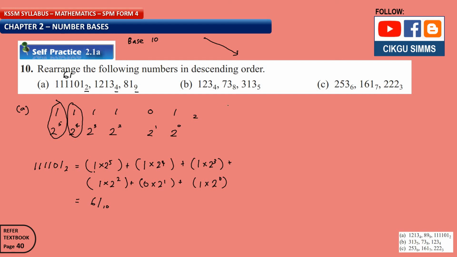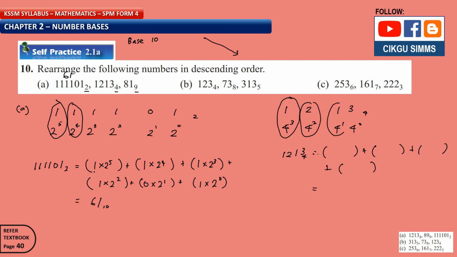And then you calculate the second one, the number value 1213 base 4. Okay, so the place value 0, 1, 2, 3, and then you convert it. I have 4 digits, so I write 4 bracket, and then I write the digit value.